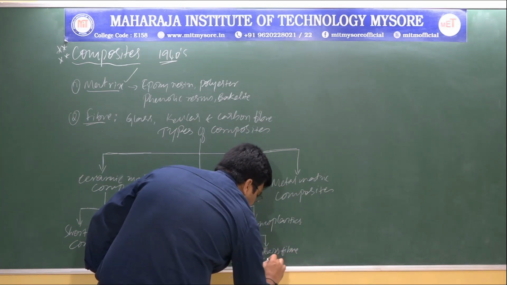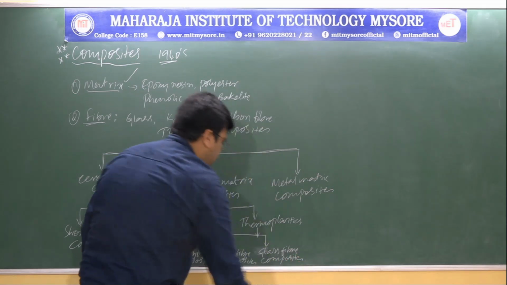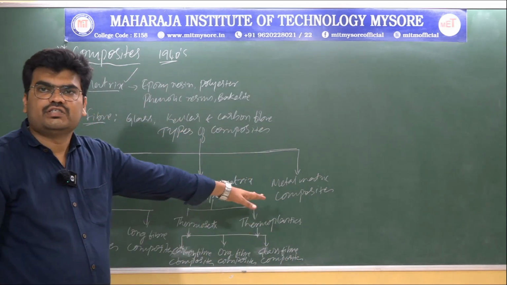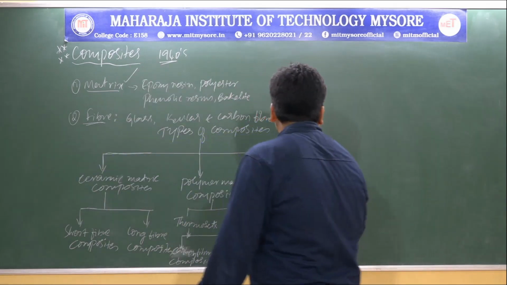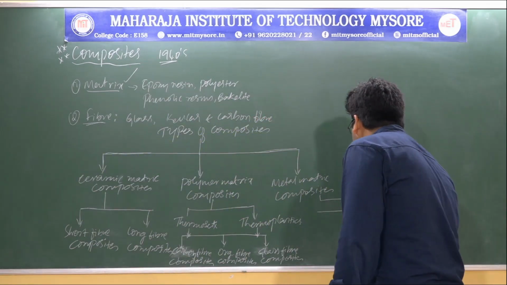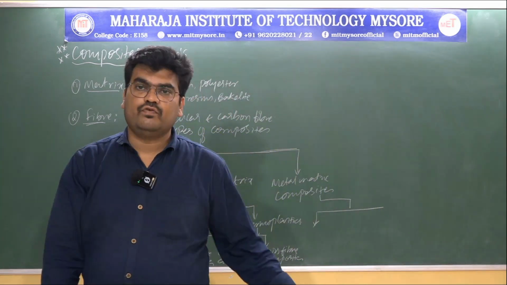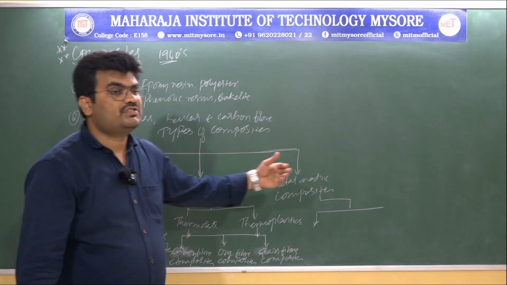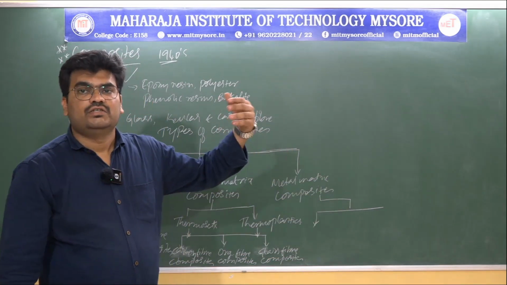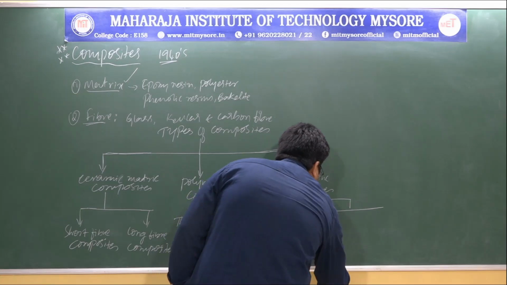Remember, glass fiber composites. So this metal matrix composites can be further classified into three types. One is particles reinforced, short fibers reinforced, and the plates reinforced.